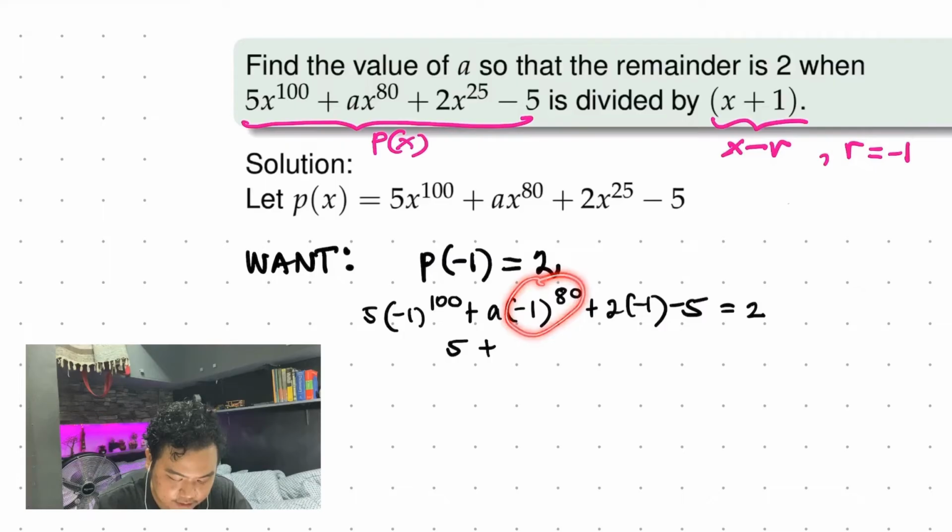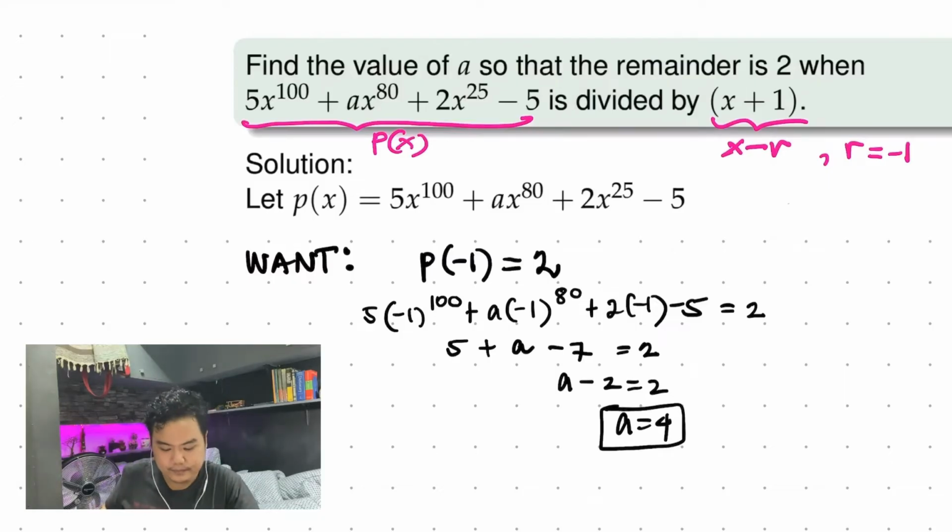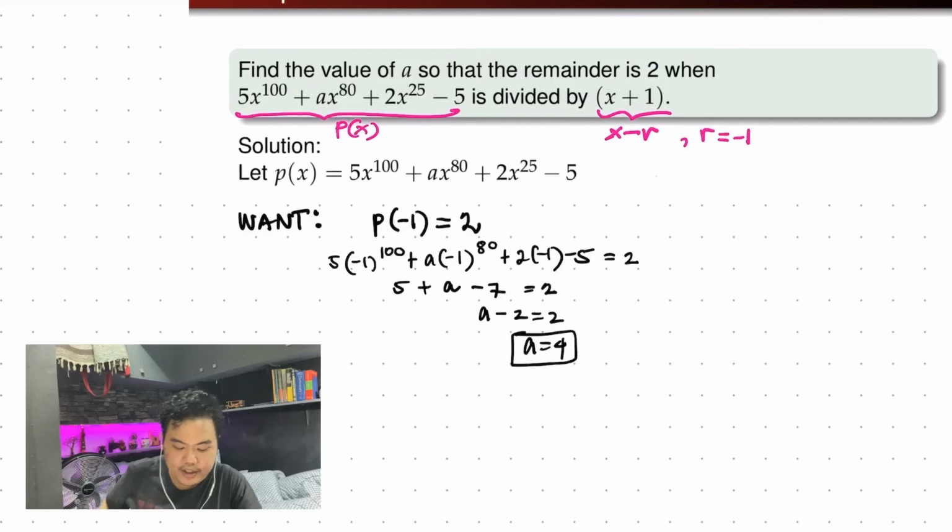So, this thing is just 1. Ito, negative 2 minus 5, negative 7, equal to 2. So, a minus 2 is 2. So, a is equal to 4. So, you can check your answers by long division. Ay, masyado palang mahaba, long division. Naka-raise to 100 yan, oh. Matagal-tagal yan kapag ginawa.